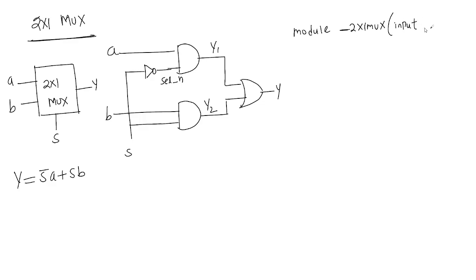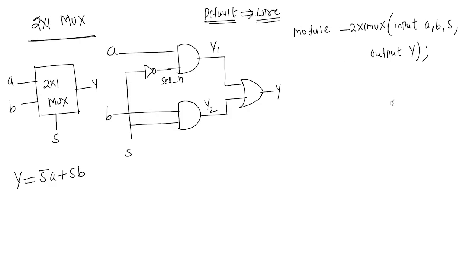Inputs: input a comma b comma s. Output y. By default, if you are not declaring any data type, it will take wire data type only.